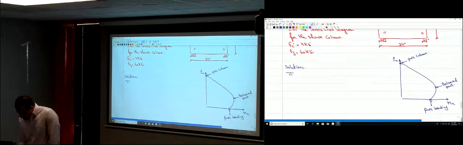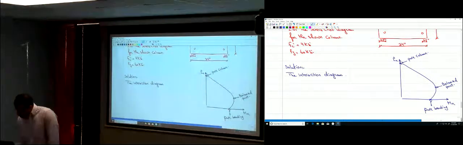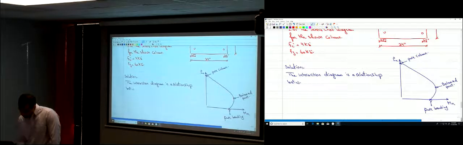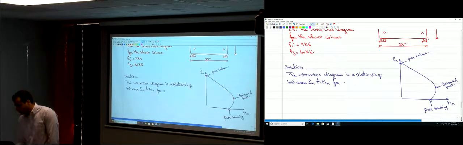So the interaction diagram is a relationship between Pn and Mn for different strain distributions.